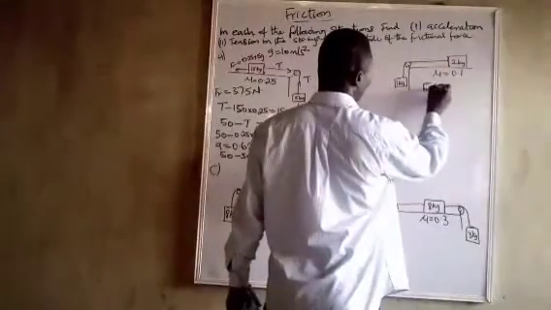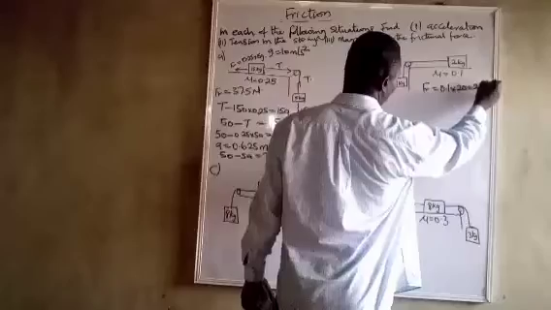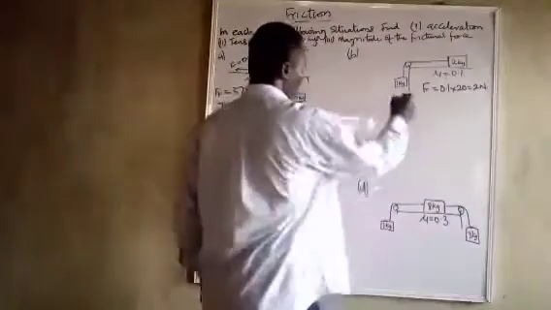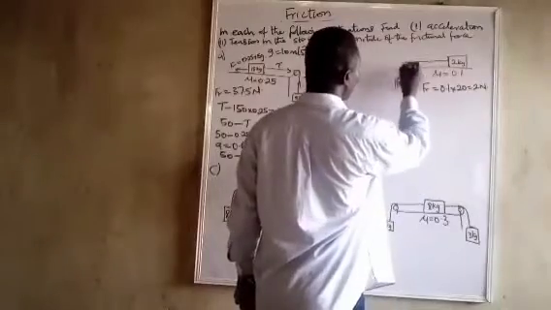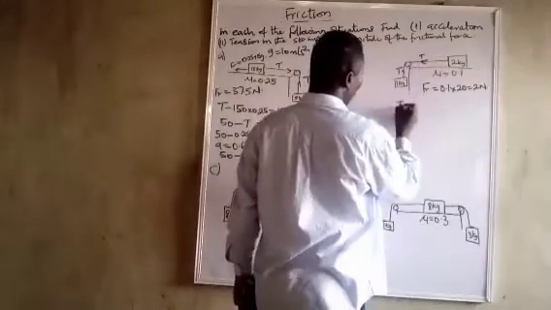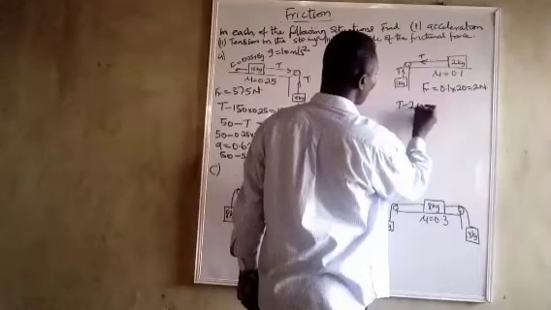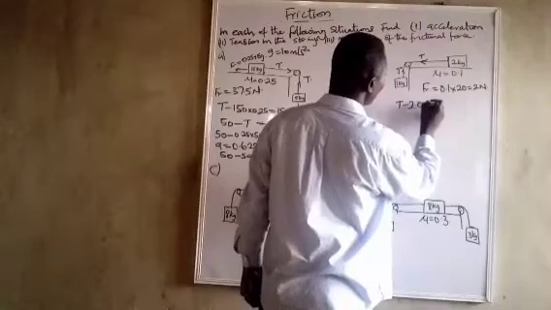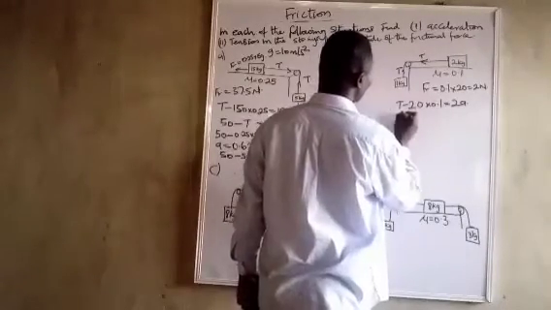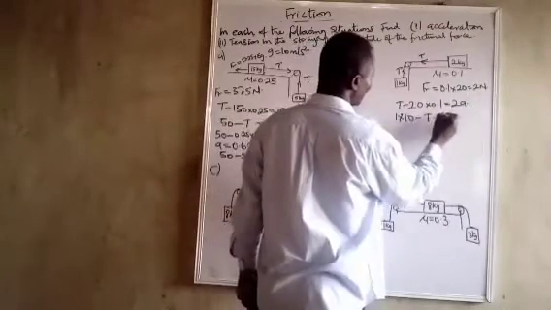The frictional force here is 0.1 times 20, and that is 2 Newton. Let's look for what the acceleration is. Here we have T and we have T here. So T minus 20 times 0.1 is equal to 2a. 1 times 10, that is g, minus T is equal to a.